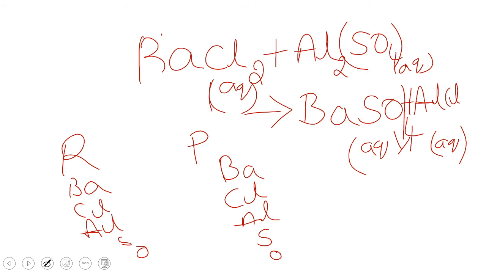The reactants: barium is 1, chlorine is 2, aluminium is 2. I said SO4 thrice, aluminium sulfate 3.